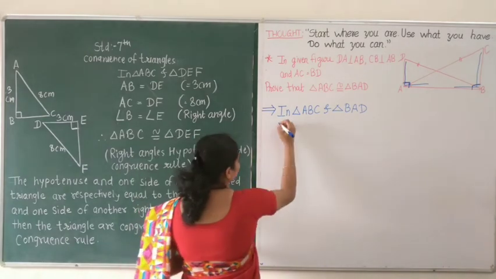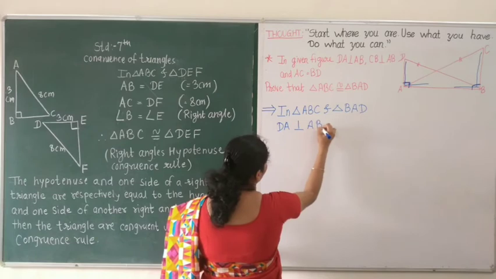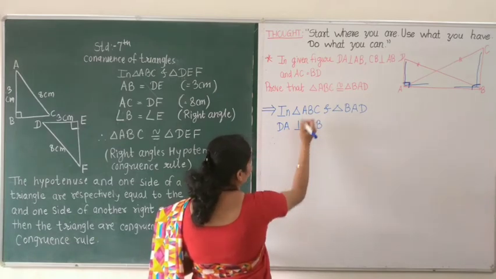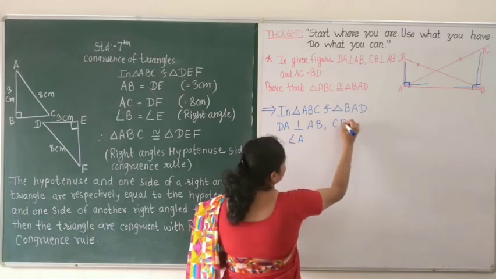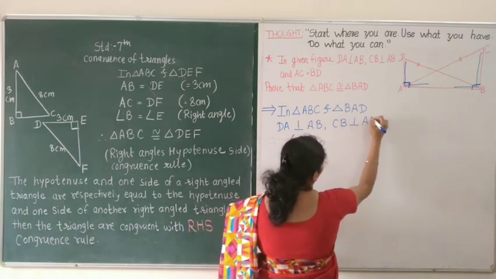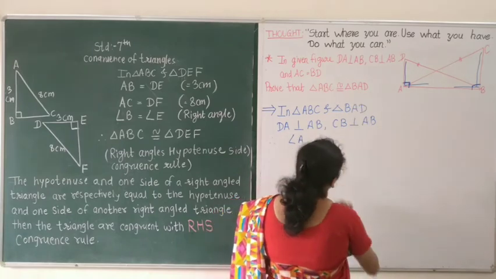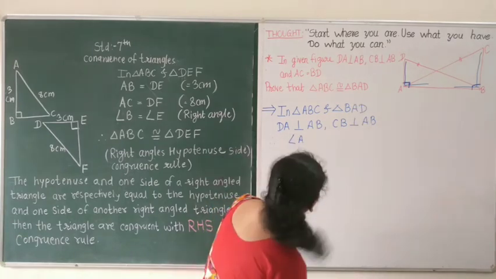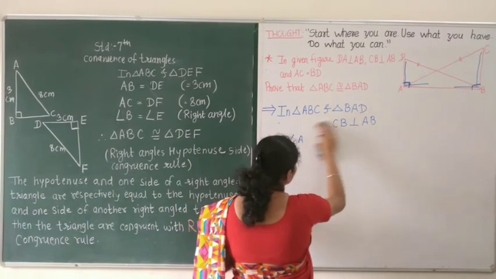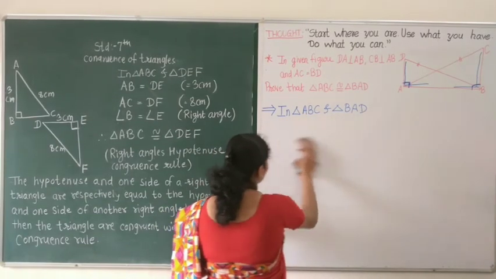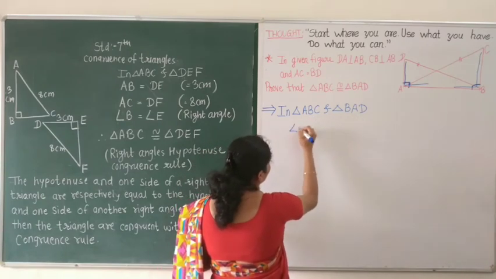They give us BA is perpendicular to AB, so in triangle ABC, angle A, and they give us CB perpendicular to AB, so directly we can write angle ABC, angle B.